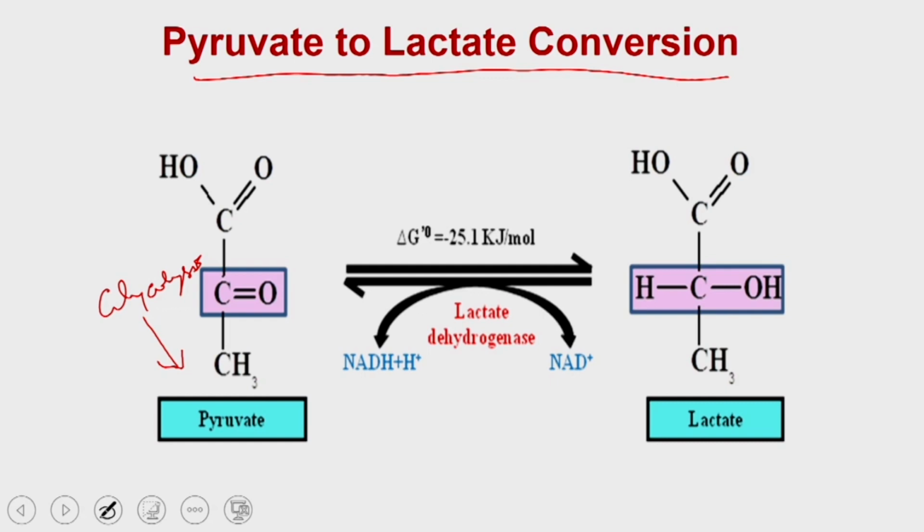Instead, the pyruvate will get converted into the lactate or the lactic acid. In this process 1 molecule of NADH is converted into NAD plus, and the enzyme which catalyzes this reaction is called lactate dehydrogenase.